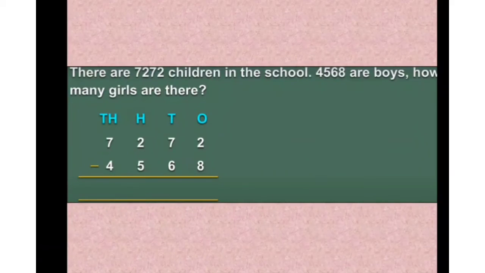There are 7,272 children in the school, which means the total number of students in the school is 7,272, and 4,568 are boys. Then how many girls are there? How many girls?